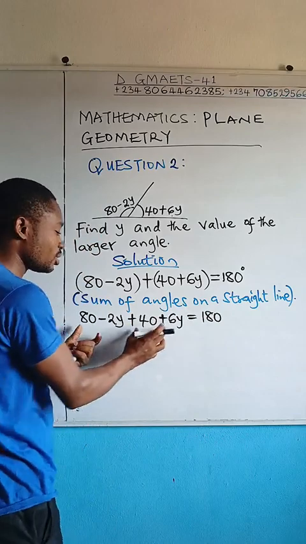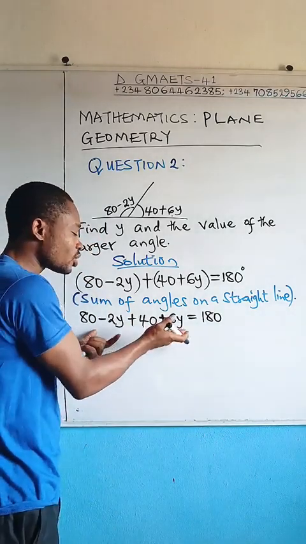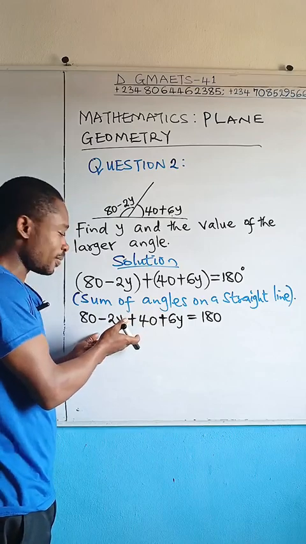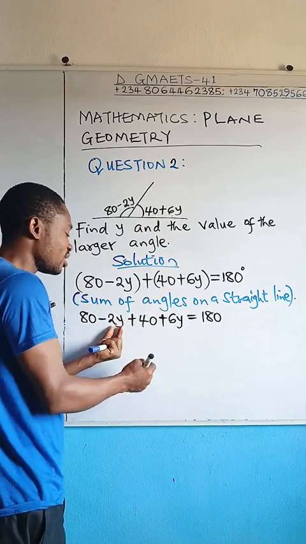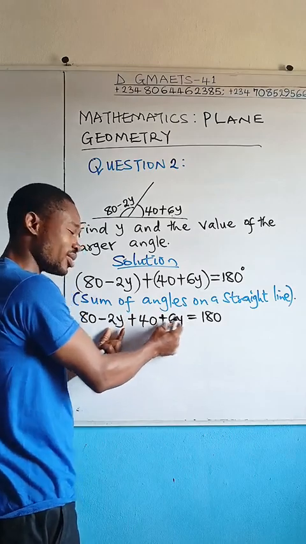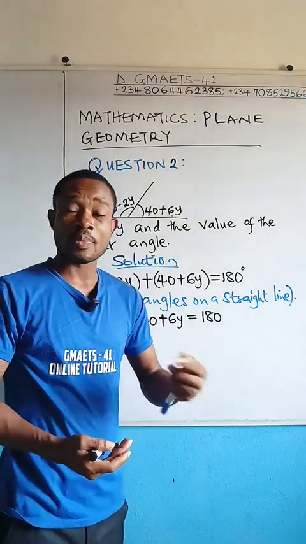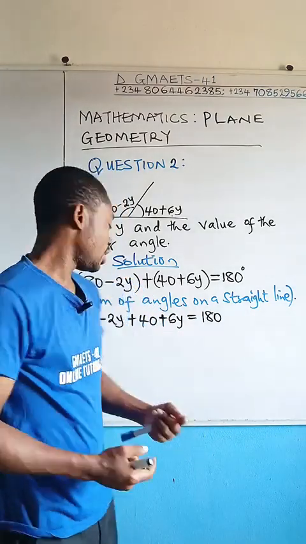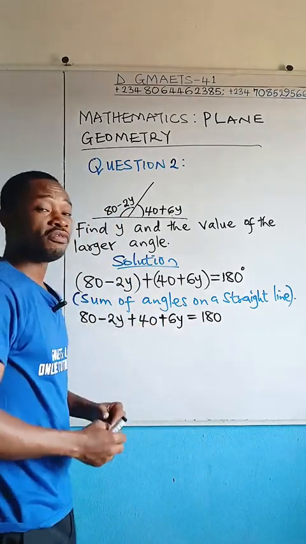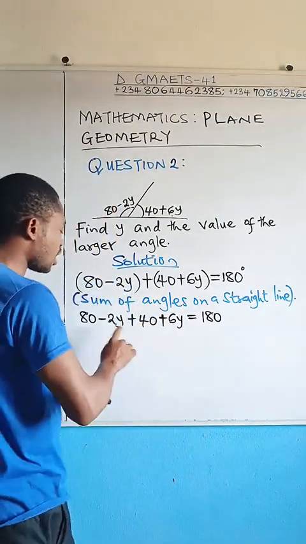At this point, we are going to simplify like terms. We are not collecting like terms here yet. Why? Because we have this minus 2y here and 6y together on one side of the equation, so you can just simplify. Minus 2y plus 6y will give you 4y. And then you have 80 plus 40, which will give you 120. So let us do that first.